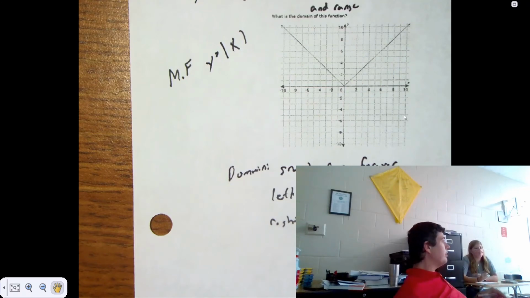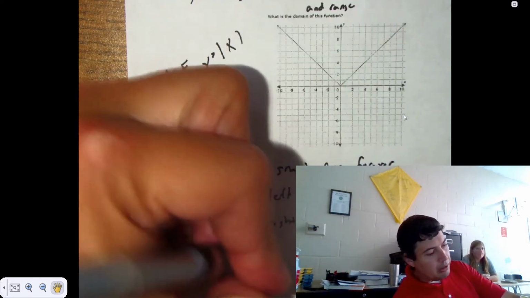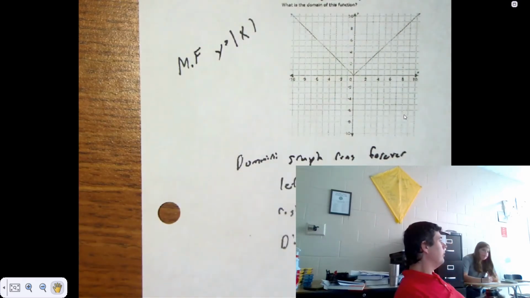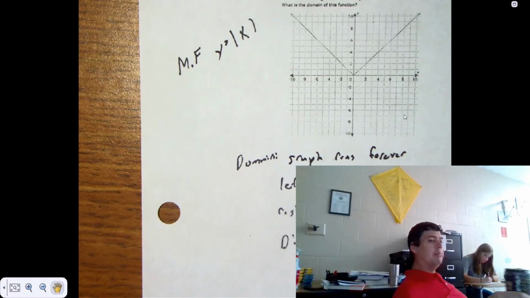It's that number. Think of the smallest number you can think of. It's that number. The domain on this one is actually all real numbers. I know you've seen and talked about that in Algebra 1. The domain is everything, all real numbers. In fact, all absolute value graphs have a domain of all real numbers.